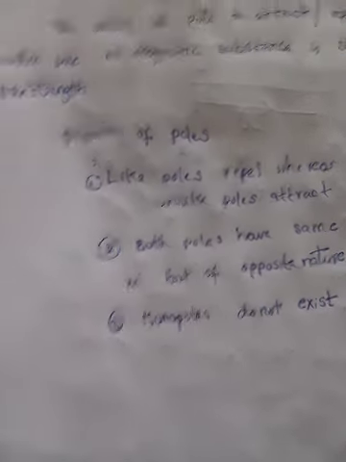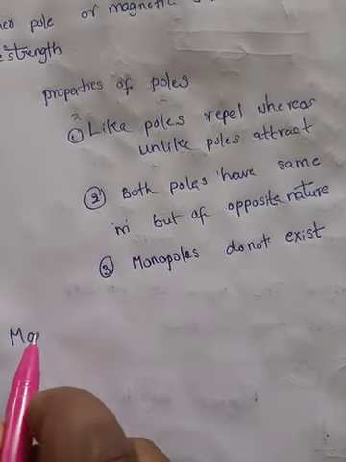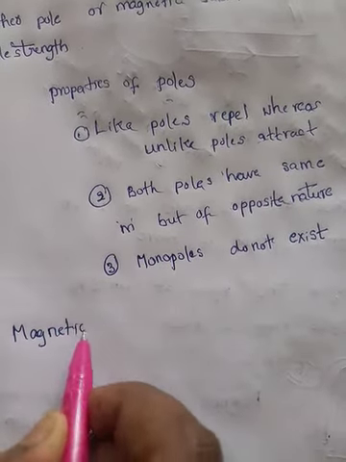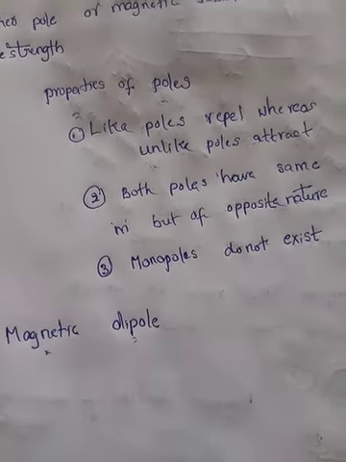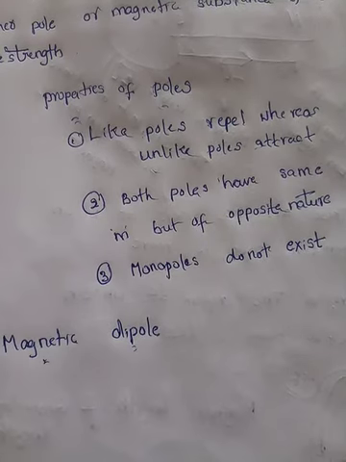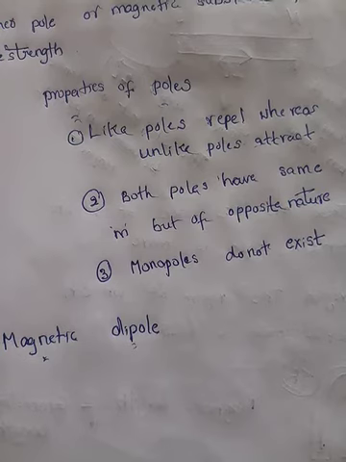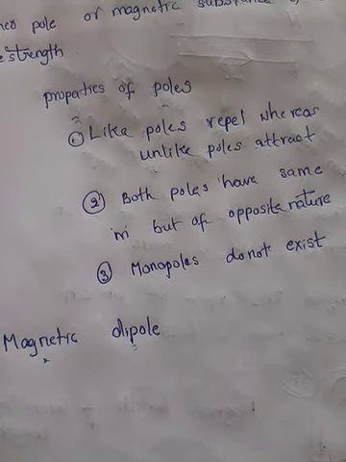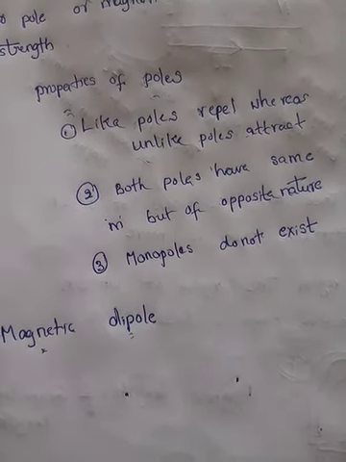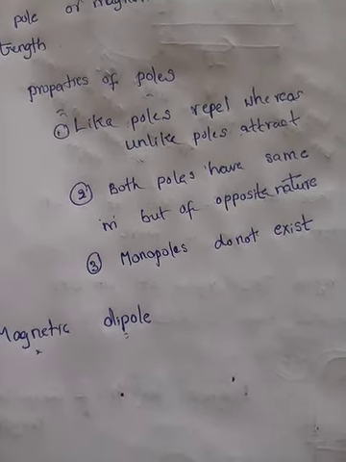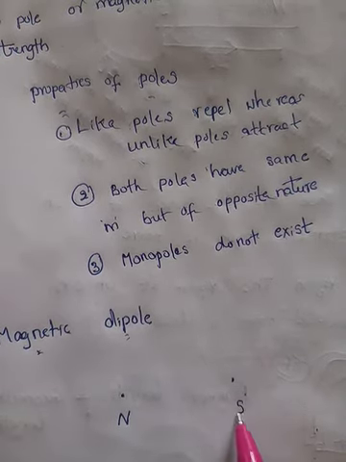Next, after pole strength we have, like electric dipole, here we have magnetic dipole. What do we consider an electric dipole? Two equal and opposite charges separated by a small distance is called what? Electric dipole. In the same way, two poles of same pole strength and opposite nature separated by a small distance.